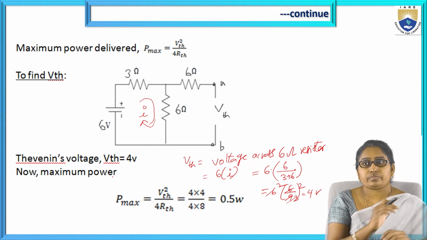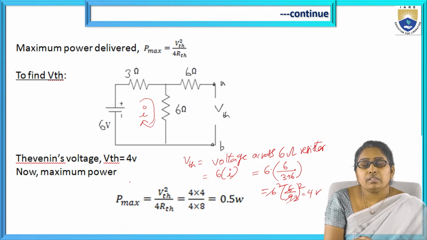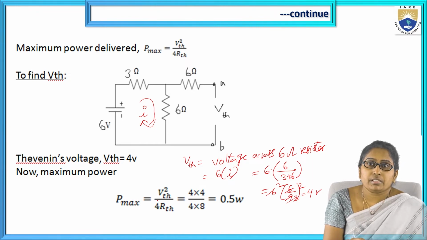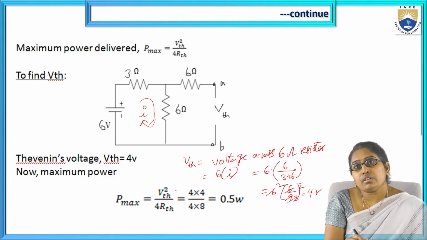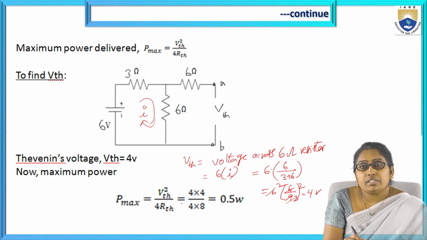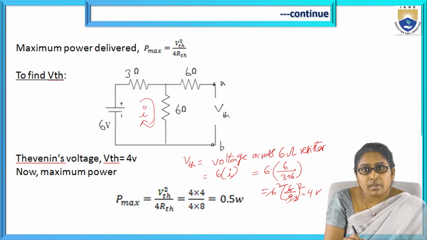Now, finally, we come to the calculation of maximum power, which is given by P max equals VTH square by 4 RTH. Substituting the values of VTH and RTH, VTH is 4 volts, so 4 into 4 by 4 into RTH, which is 8 volts.